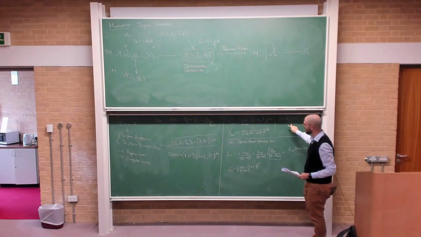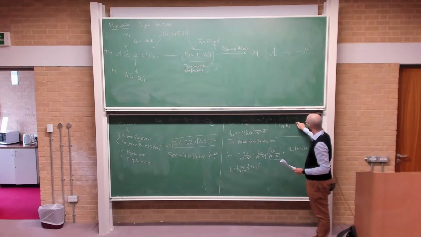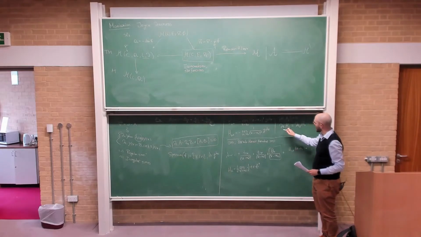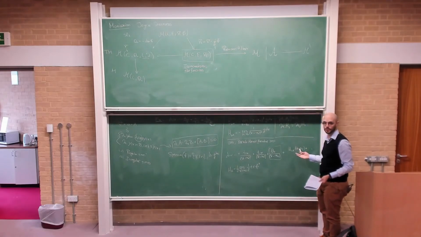And because of this, the compatibility of these flows only requires, in terms of the Hamiltonians, that the mixed time derivatives are equal. So this means that there must exist, at least locally, a generating function for these Hamiltonians.